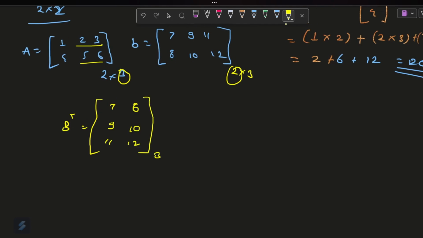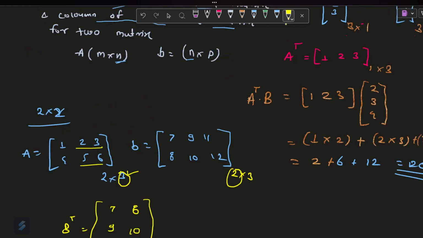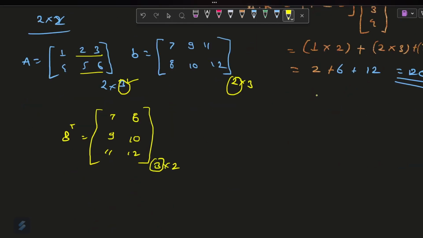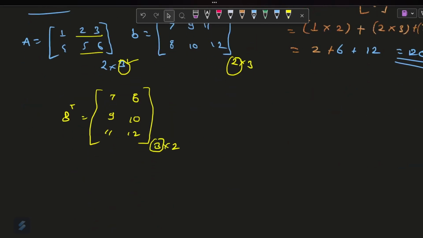This is a 3 by 2 matrix. Then you will see that the rows and columns match, so we can perform the matrix multiplication.